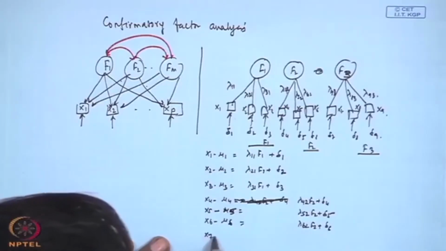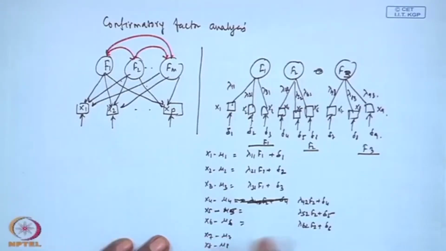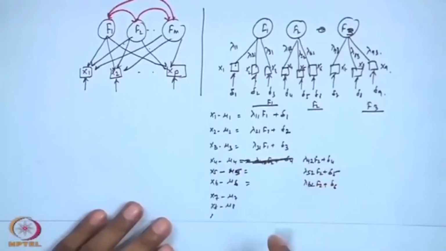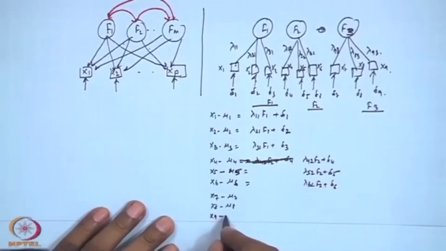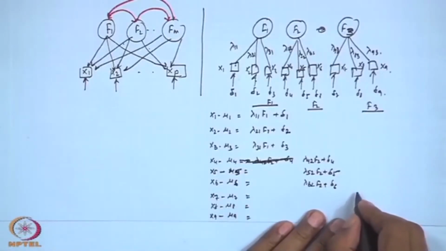Then x7 minus mu 7, x8 minus mu 8 and x9 minus mu 9, if you write, these all will come here.